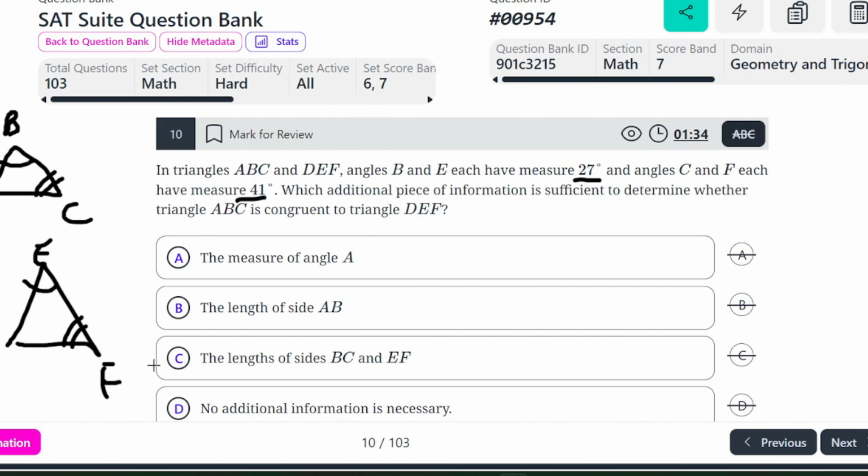You have to prove congruency on 2 different triangles here using a side length. And that's why C would be your answer. And D will never be your answer because no additional information is necessary. On the SAT, 100% of the time it will never be the answer because it'll always ask you a question where you actually need to find information.